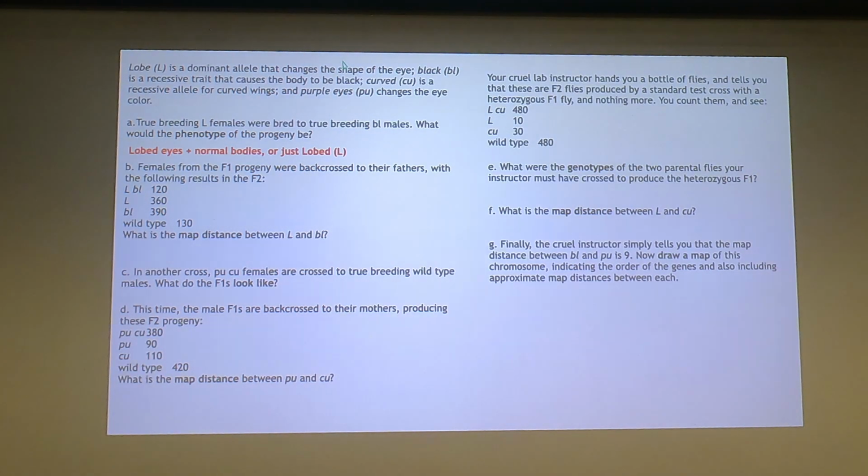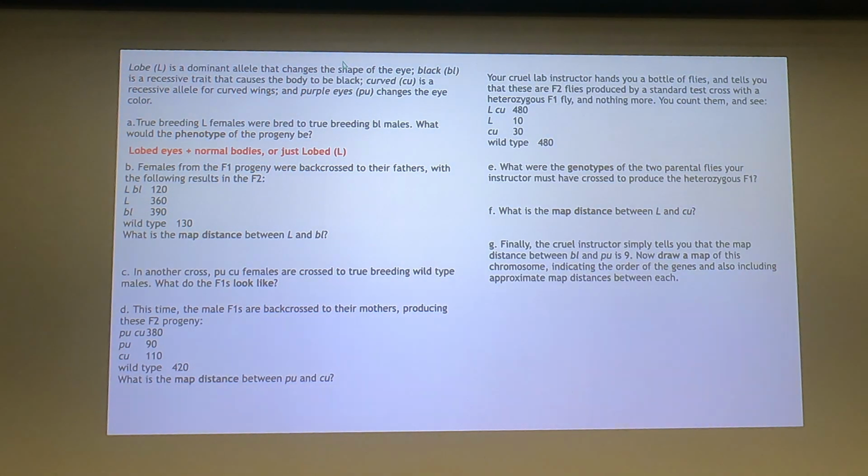So in this case, the F1s are all expressing the dominant phenotype. It's just that the mutant here is dominant. So we got lobed, which is dominant, normal bodies, which is dominant. And we're going to cross those to an individual that has wild type eyes, which are recessive, and black body, which is recessive.